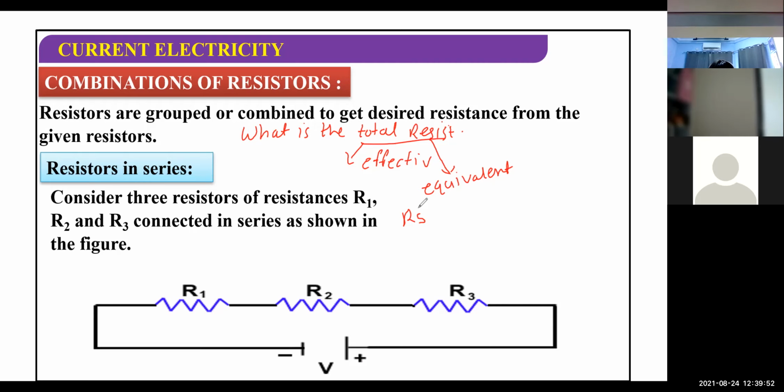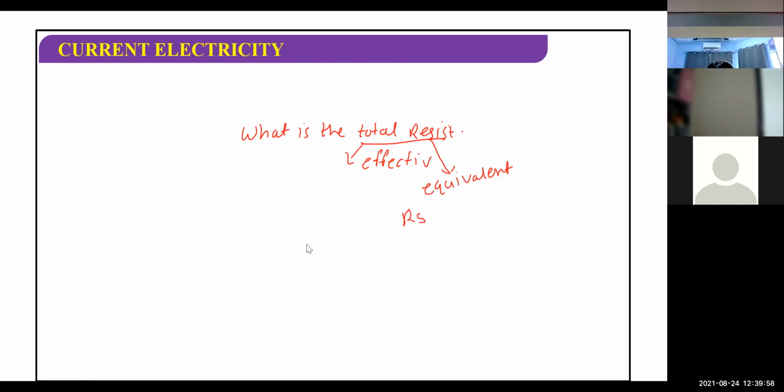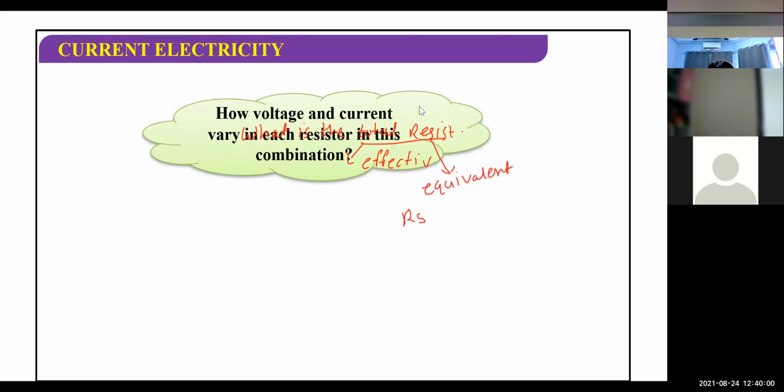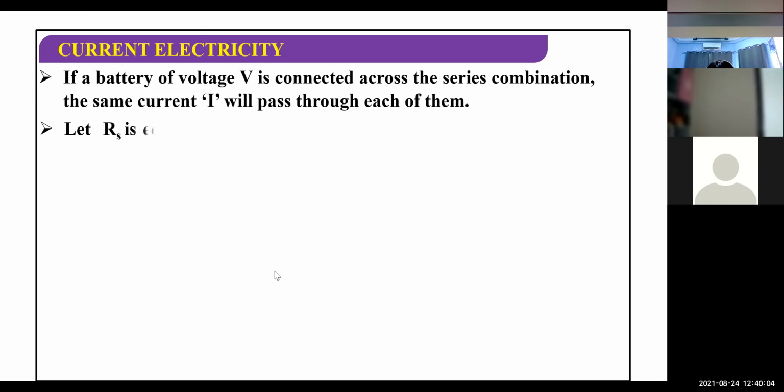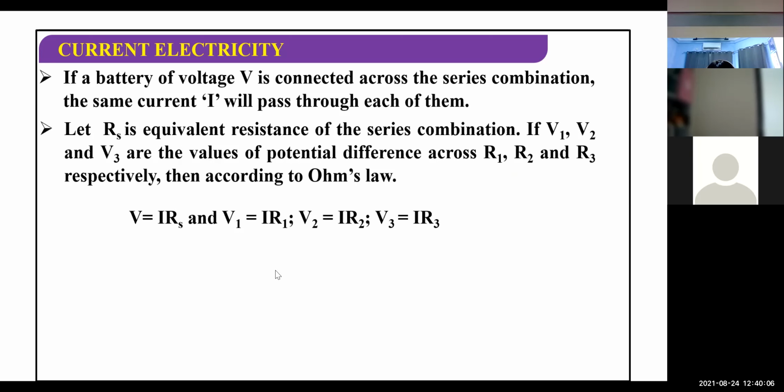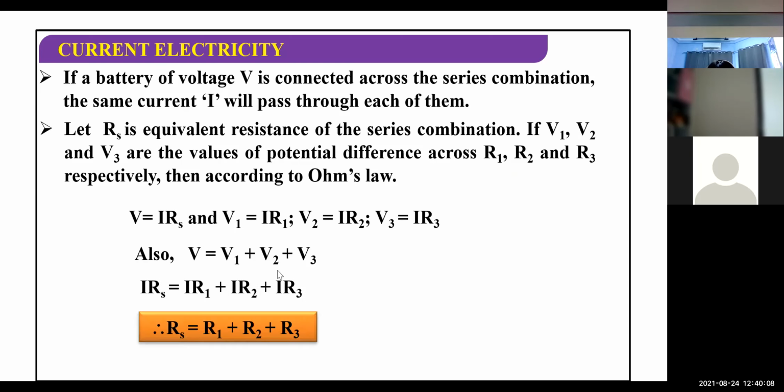When we go with the mathematical expression, I will go to the final result because the derivation is not required in IGCSE. The result is RS equal to R1 plus R2 plus R3.